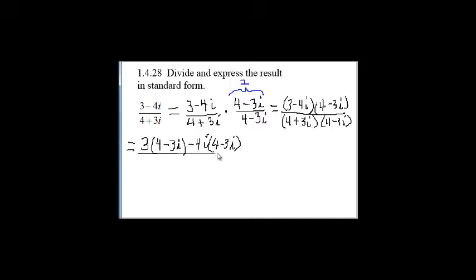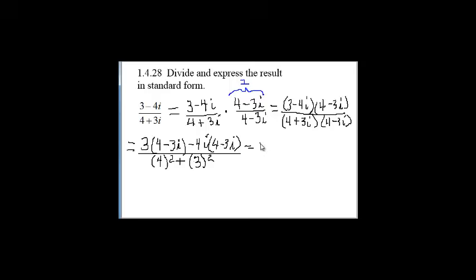In the denominator, we got a product of conjugates. So we get to use that concept here. We know that when you multiply 4 plus 3i times its conjugate, you're going to get 4 squared, a squared plus b squared. In this case, b is 3.